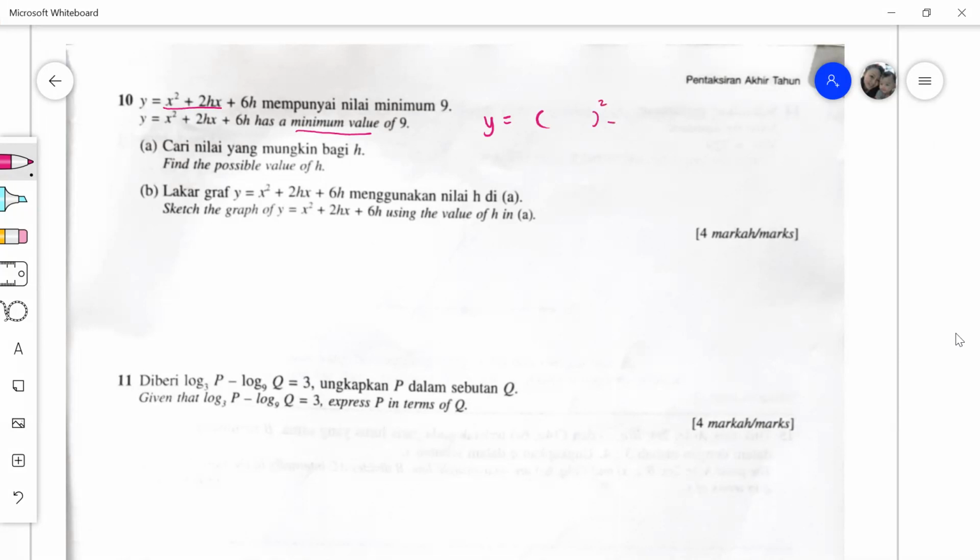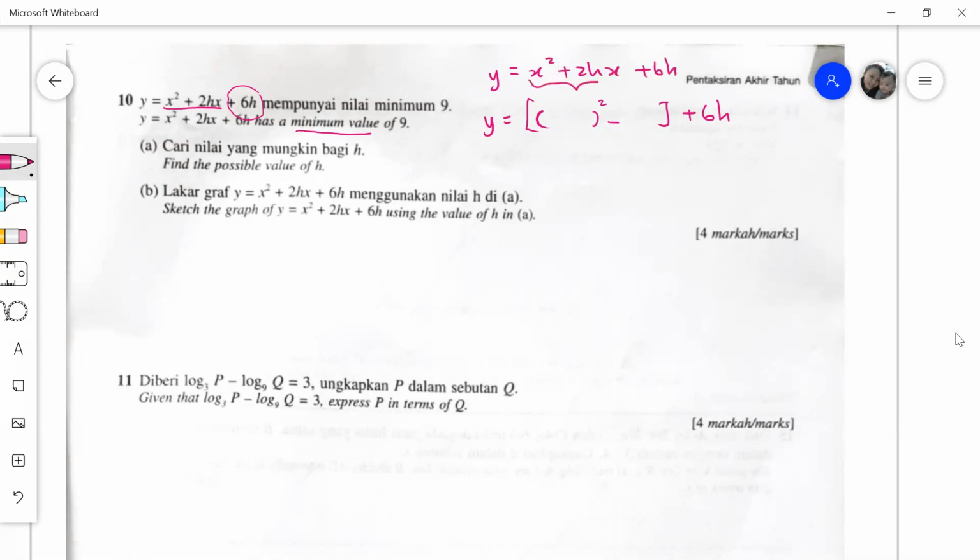Square minus the square of the second term. Now leave the constant alone, plus 6h. And let me write one more time. y equals to x squared plus 2hx plus 6h.